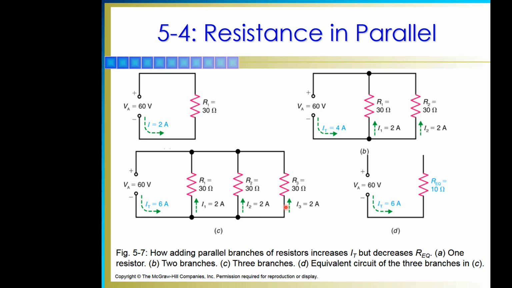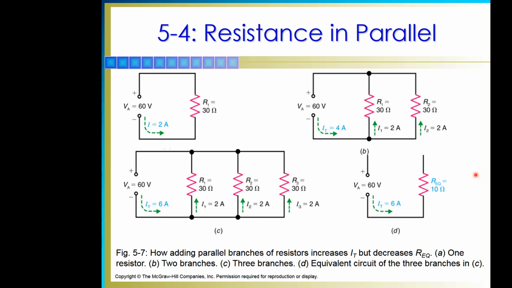Next one, we add a third resistor. It's also 30 ohms. We have 60 volts. So now we have 2 amps in R1, 2 amps in R2, and 2 amps in R3 for a total of 6 amps. Again, if our current went up, our resistance must have gone down.